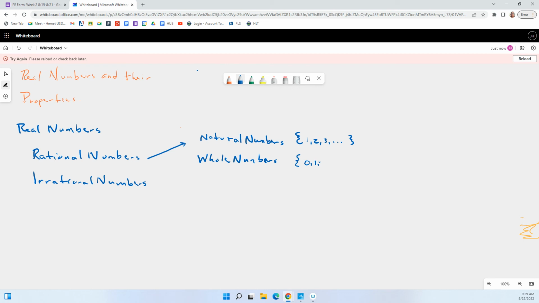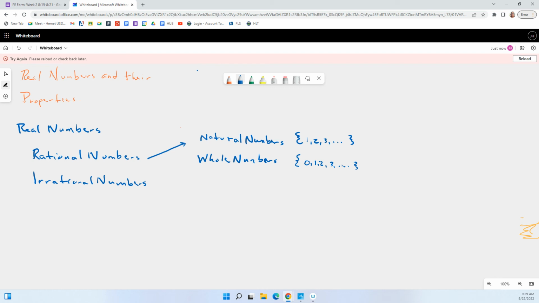0, 1, 2, 3. And again, it's still an infinite set. It still goes on forever and ever, right? We can always just add one more number to it. But the difference is this one starts with 0. So notice if you look at the natural numbers, they all fit into the whole numbers.